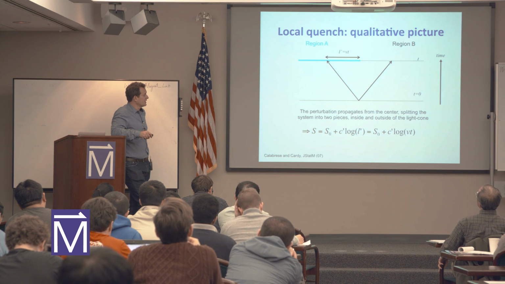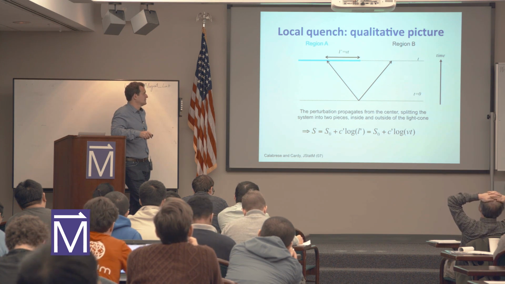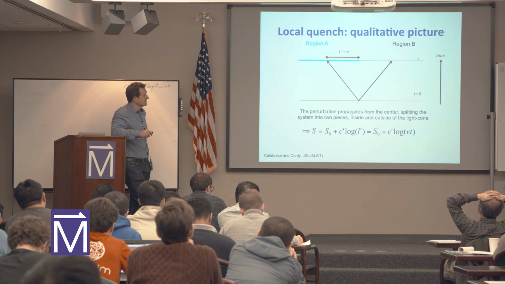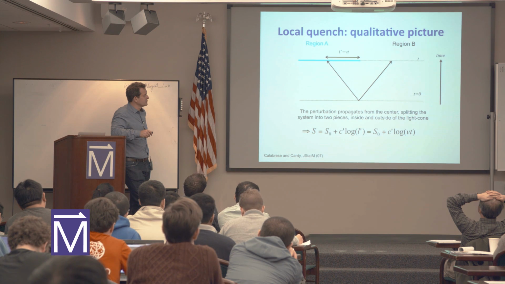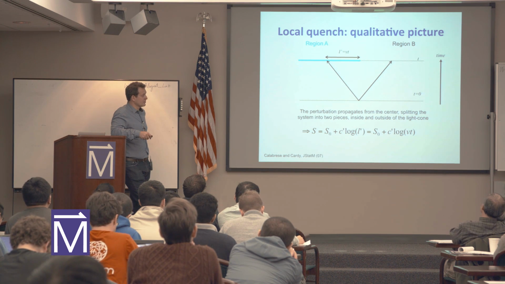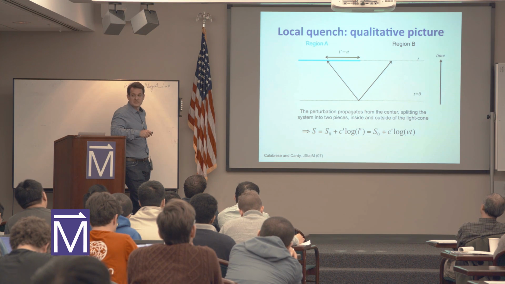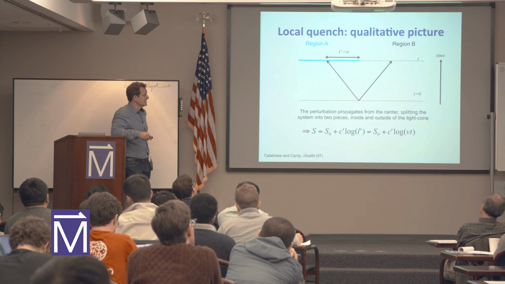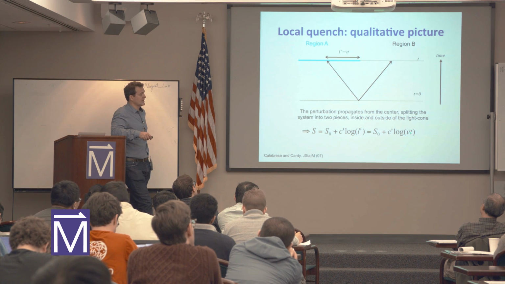One is going to fly to the left, and the other one is going to fly to the right. So this is going to give you entanglement between this region here and this region here. And we know that in a chain, the entanglement grows as a log of the length of this region. And the length of this region is the velocity of the quasi-particle times the time. So that tells you that the entanglement is going to grow as the log of v times t.